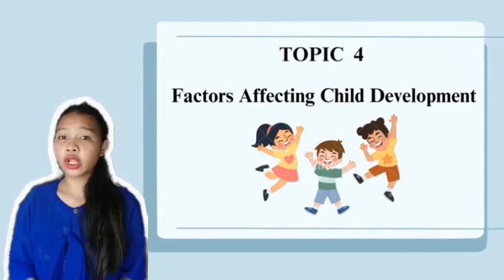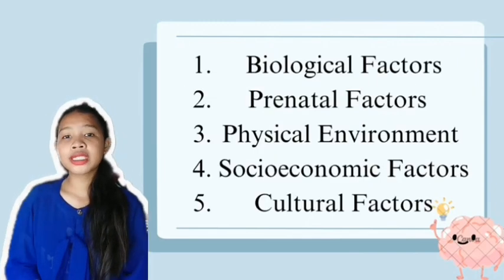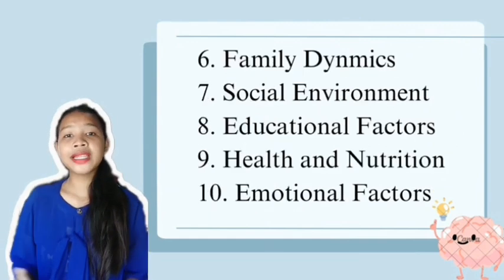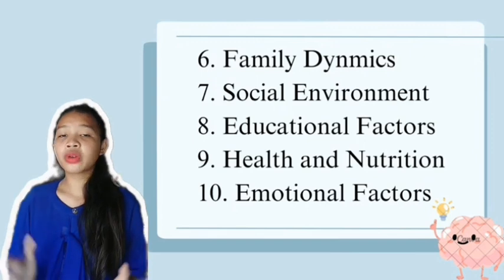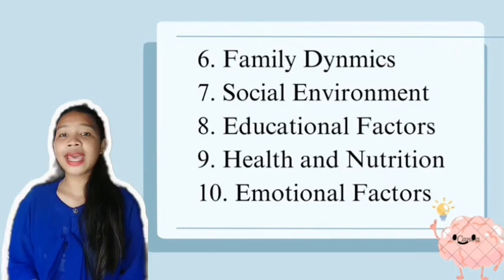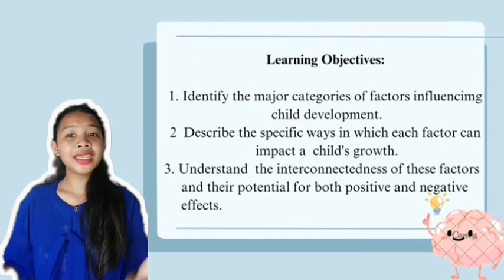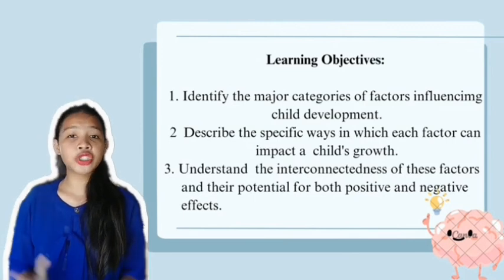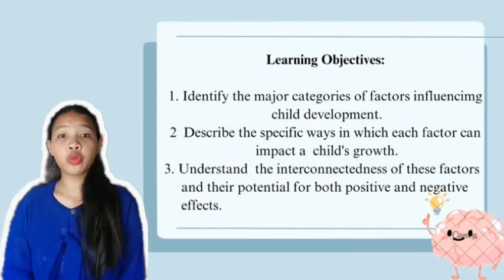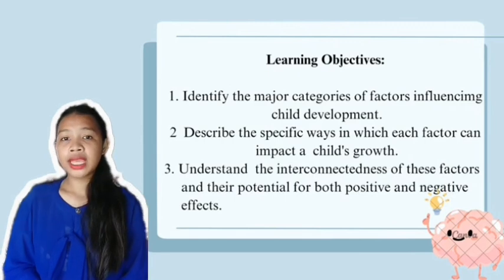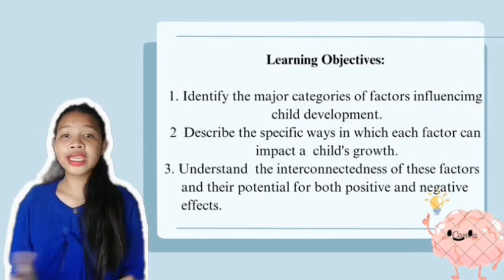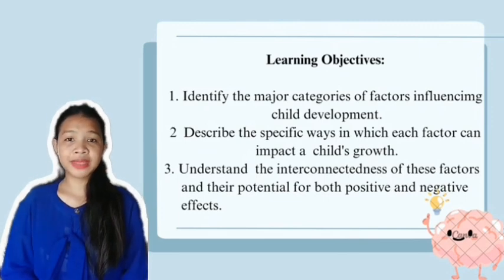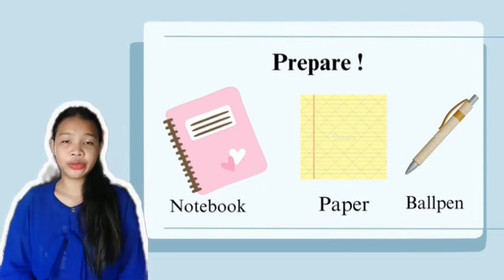We will cover the biological factors, prenatal factors, physical environment, socioeconomic factors, cultural factors, family dynamics, social environment, educational factors, health and nutrition, and lastly, the emotional factors, providing you with a comprehensive understanding of the major categories of factors influencing child development, the specific ways in which factors can impact child growth, and the interconnectedness of these factors and their potential for both positive and negative effects.